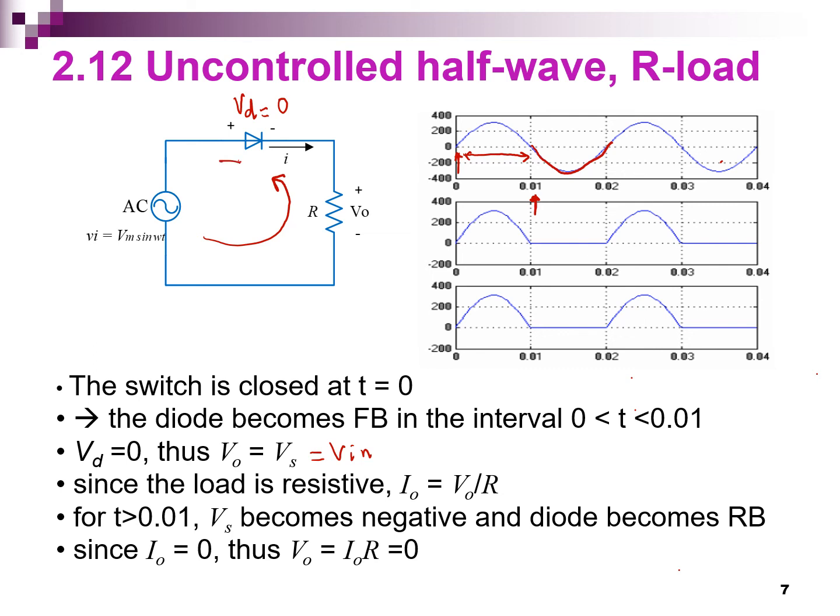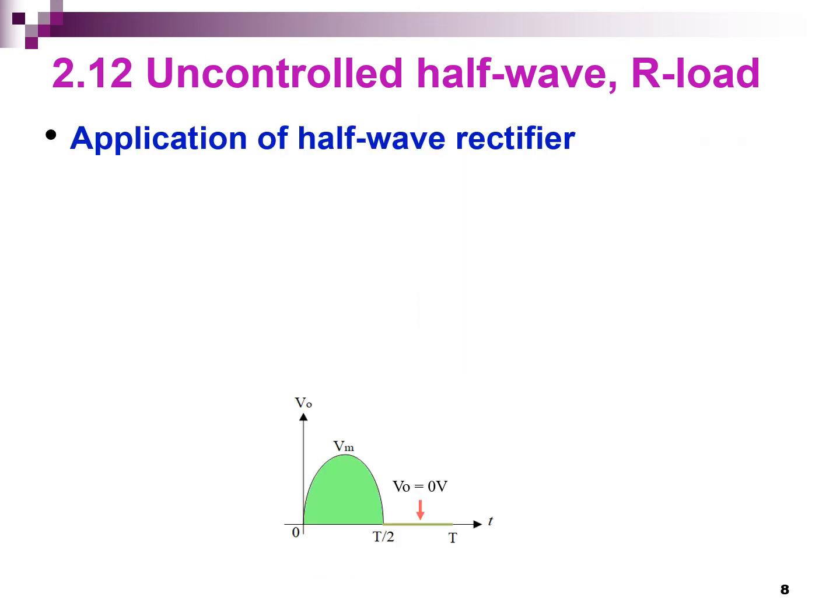Current cannot flow, so I is 0, and V out is also 0 volts during the negative half cycle.